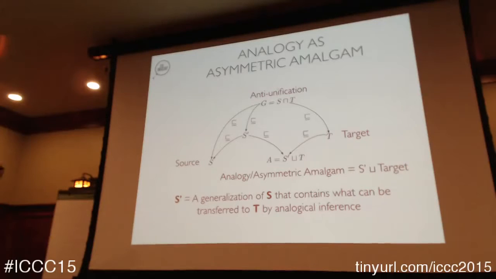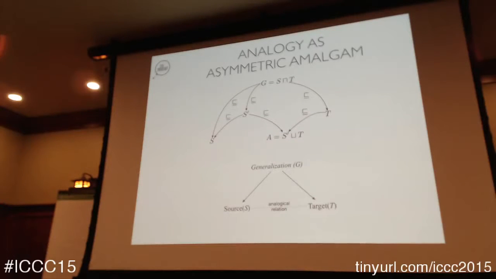So this is the anti-unification again. And then what we are calling here the result of the analogy would be an asymmetric amalgam, which is the unification of the generalization of the source and the target. So you see, it's not so far away from the original idea of generalization.